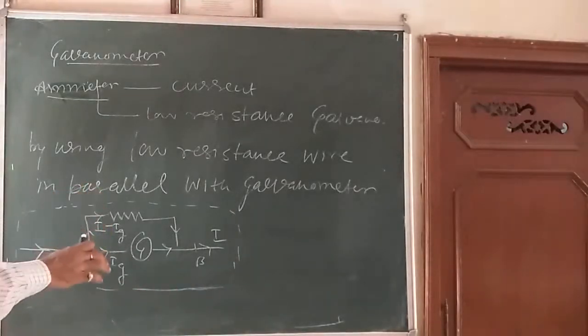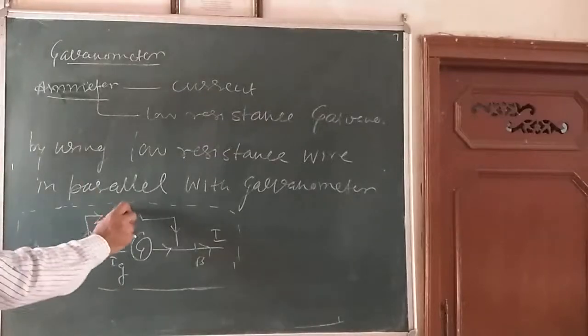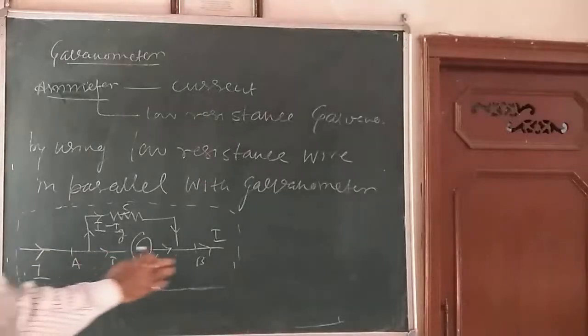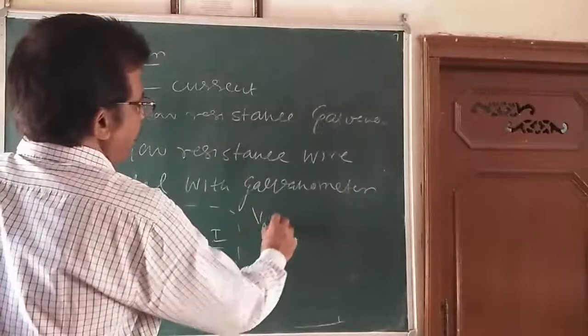So dear children, you can see here a parallel shunt resistance. So what is the potential difference between A and B?